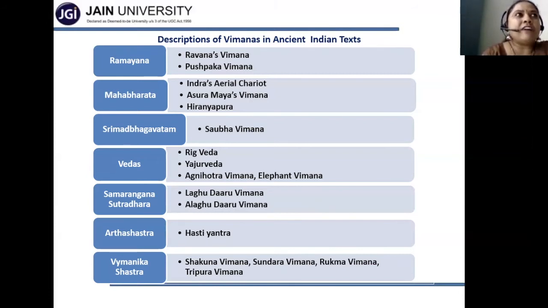So Salva performed a severe penance just by consuming a handful of mud for several years, and received Saubha Vimana as a boon from Lord Shiva. He wanted an aerial city which could never be destroyed and which could travel anywhere at will. So again, it is a Kamagam Vimanam, the thought-powered aircraft.